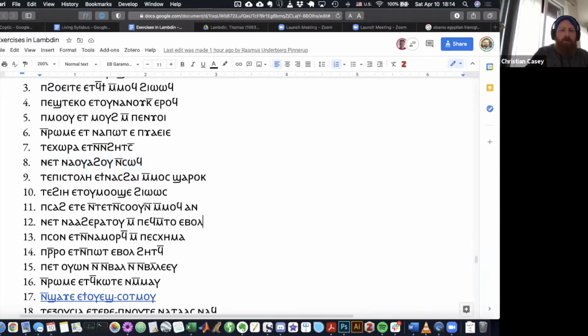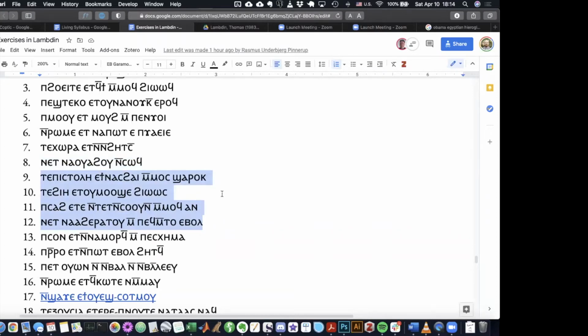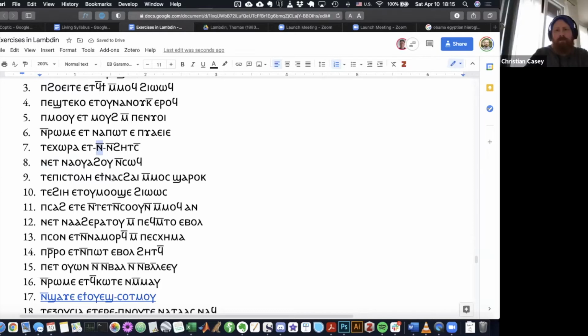If anybody has questions at any time, jump in. Could we go back to 7 for a second, please? I see the relative converter, and then I see a preposition. Where is the we? N in hatus.